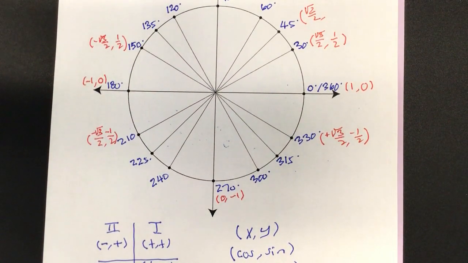So here's what I want. On your own, somewhere on the worksheet, I want you to find sine of 45. Go. Write sine of 45. You may redraw the triangle. You may use the same triangle if you want. It doesn't matter. If this number seems redundant, that is normal.